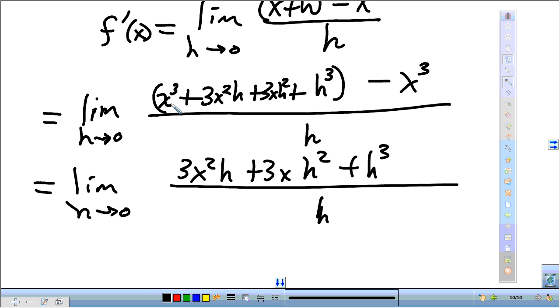As long as we have a whole number power, the non-h term cancels with the original, and we end up with every term in this sequence having an h.